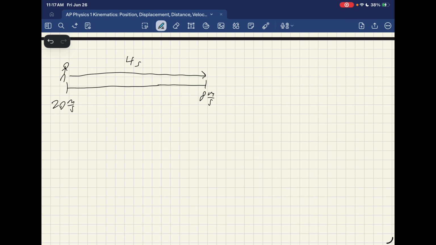Again, we do final velocity first minus initial velocity. So we do final velocity minus initial velocity divided by time.